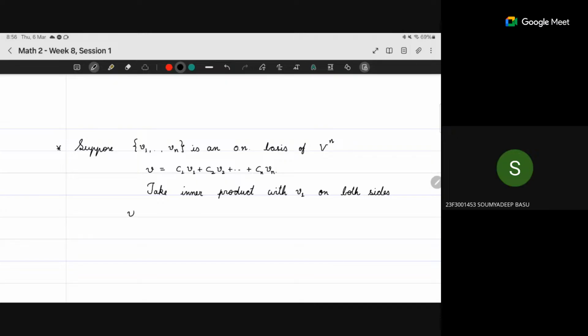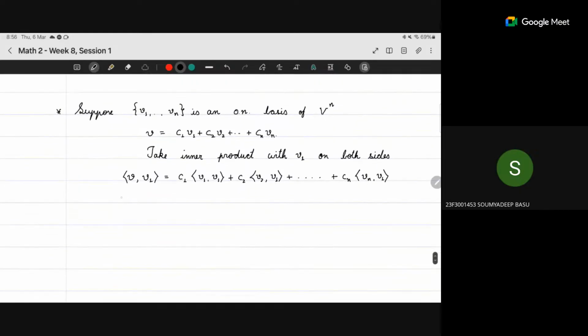What happens to this side? It is just the inner product of V with V1. What happens to this side? It becomes C1 times the inner product of V1 with V1, plus C2 times the inner product of V2 with V1, plus C3 times the inner product of V3 with V1, and so on up to Cn times the inner product of Vn with V1.